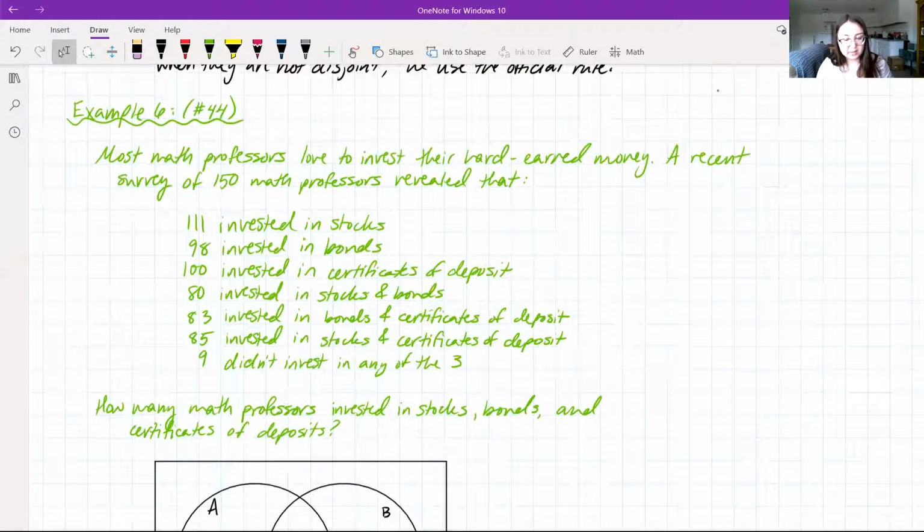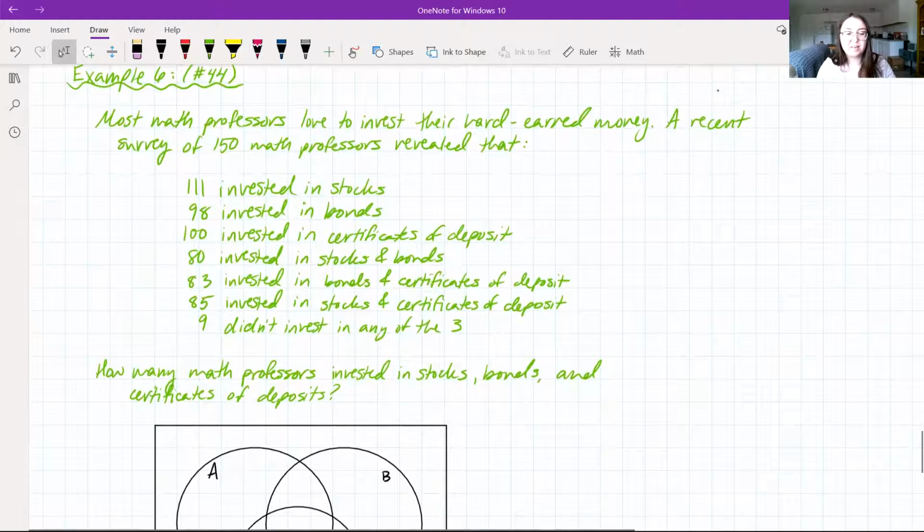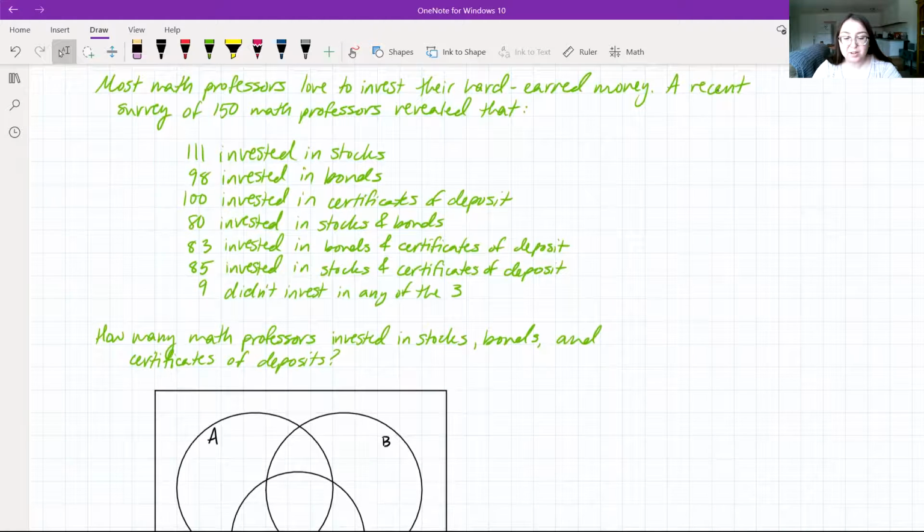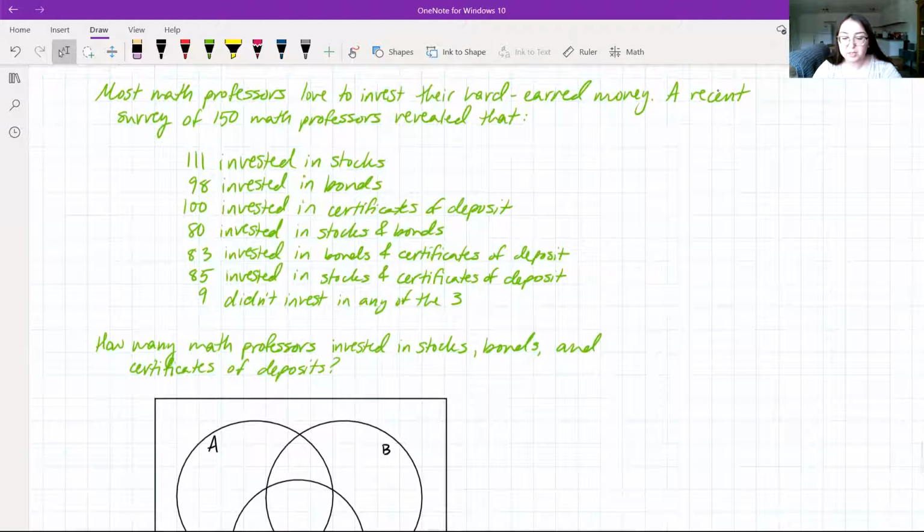Now on to our last example. We have example 6 here, which is going to be number 44 in your book. We have that most math professors love to invest their hard-earned money.